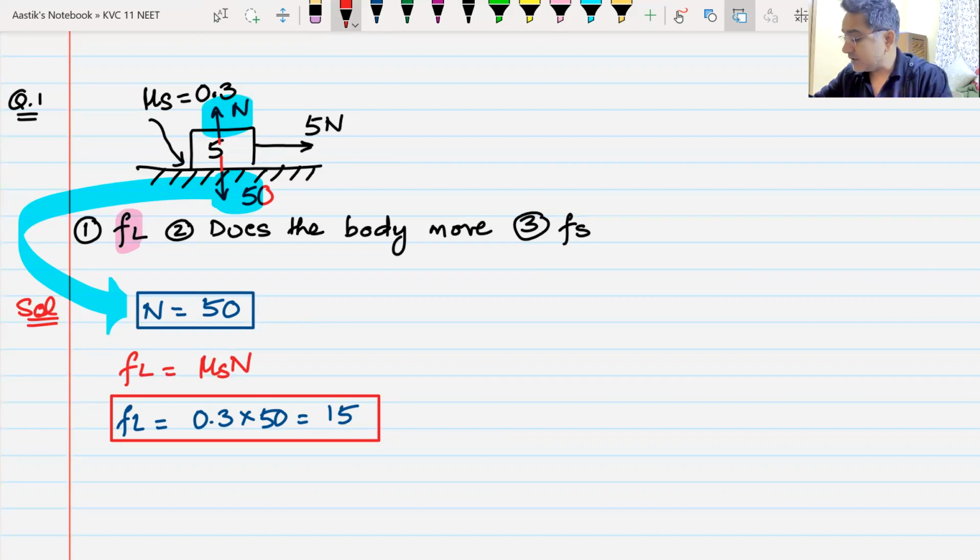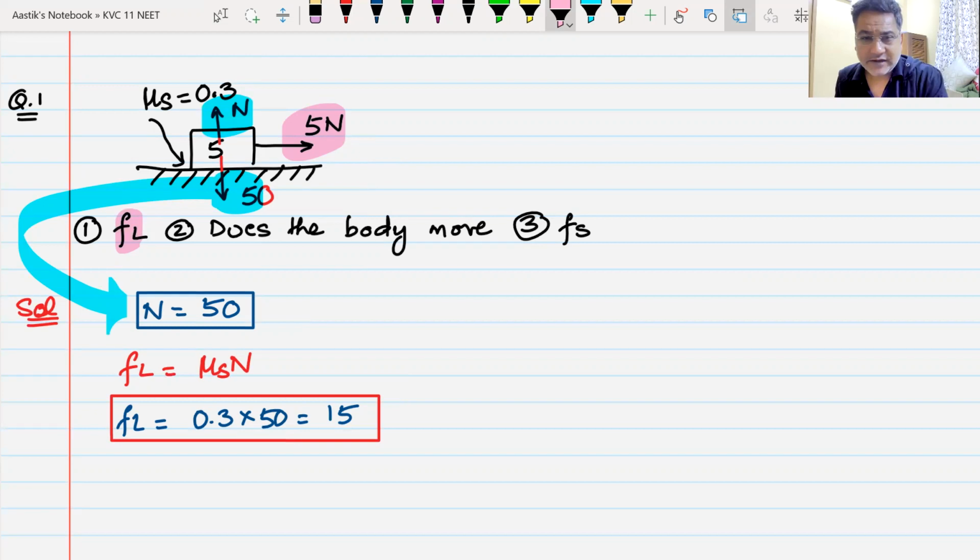Now I look at the diagram. I've applied a force of 5 newtons onto it. Can you give me the second answer? Can the body move? The applied force is 5 newtons.